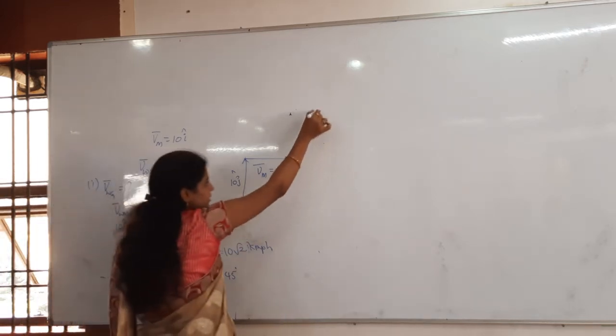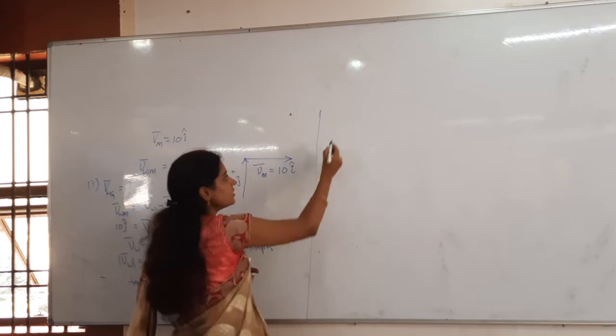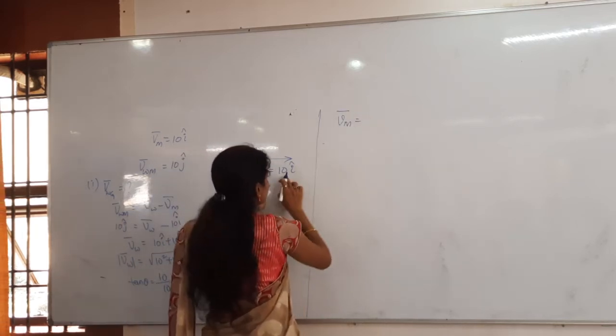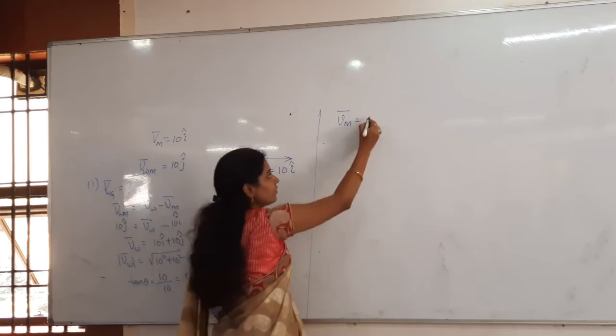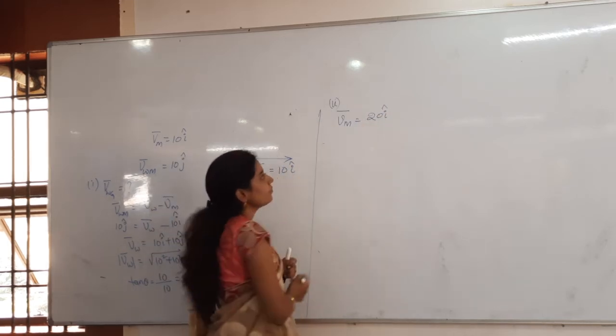Now the next case. They said clearly that the velocity of the man is doubled. Initially it was 10 i, now it will be 20 i cap. This is the second question.